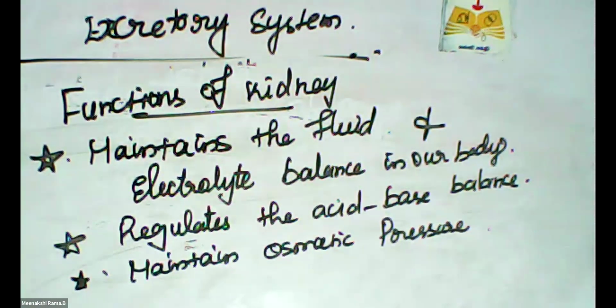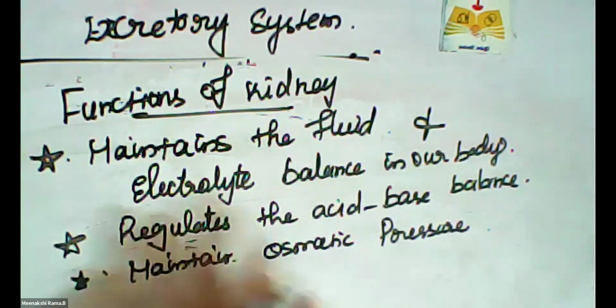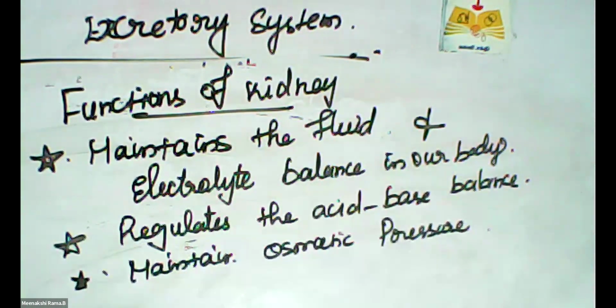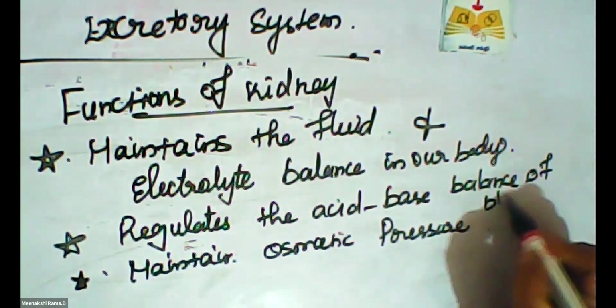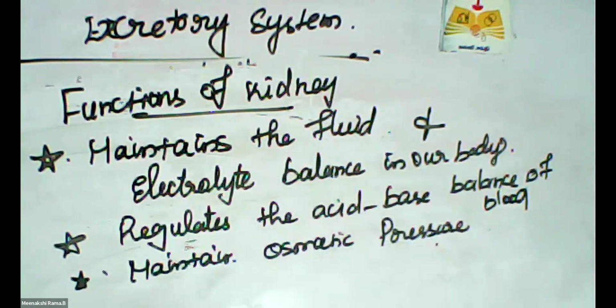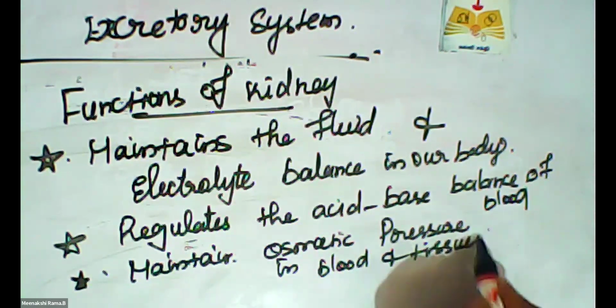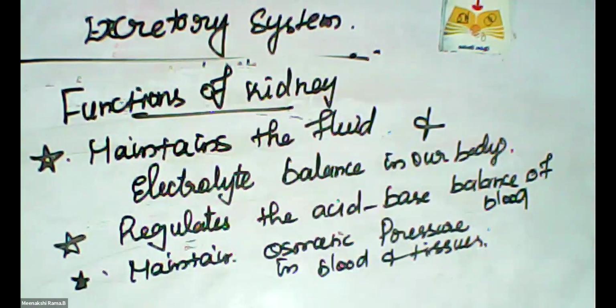One is it maintains the fluid and electrolyte balance in our body, regulates the acid-base balance, and then the next one is balance of the blood, and the next one maintains the osmotic pressure in blood and tissues. So these are all the main functions of the kidneys. Now I'm going to conduct one small quiz regarding this.